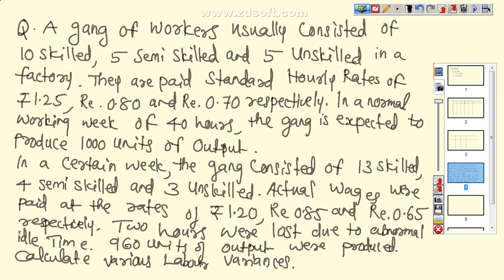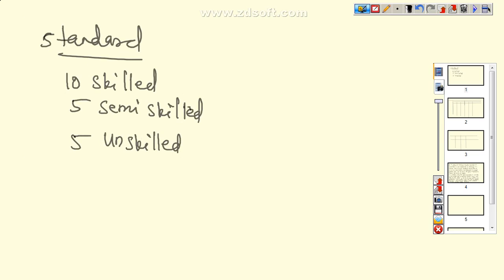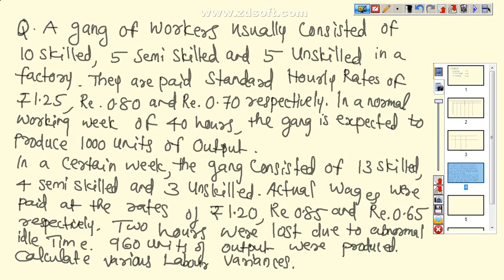Also the hourly rate is given, that is 1.25 for this category, 0.80 here, and 0.70, and the expected production is also given.